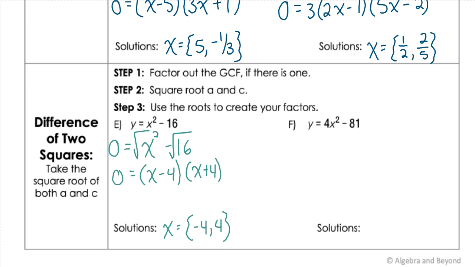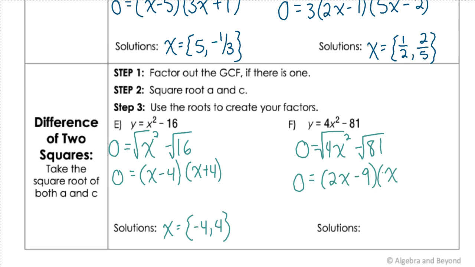All right, let's do another one. Looking at these two perfect squares, 4 and 81 do not have a GCF, so I'm just going to set it equal to 0 and leave everything the same. Then I'm going to square root my a and my c. When I square root, I'm going to get 2x and 9.